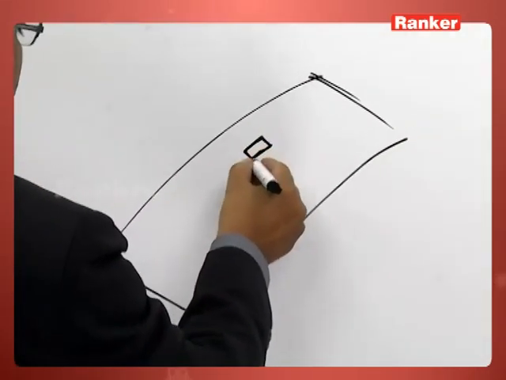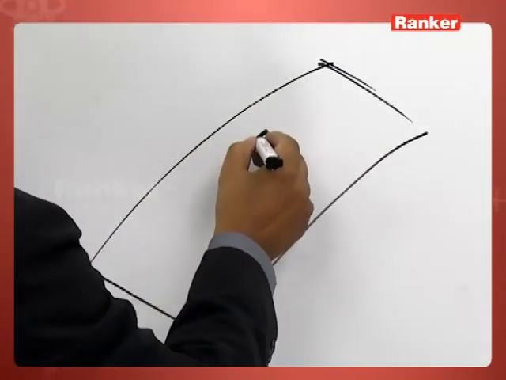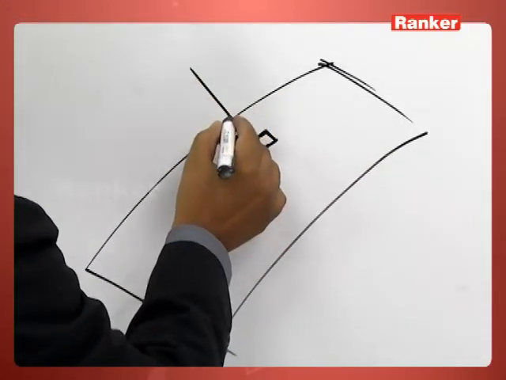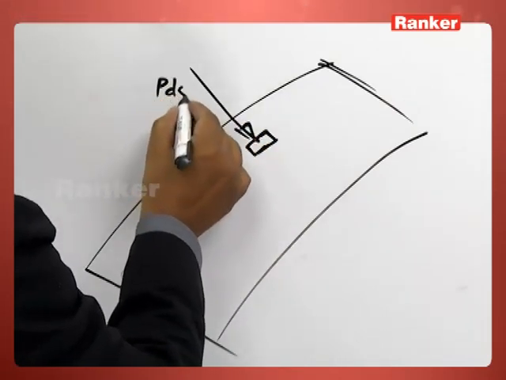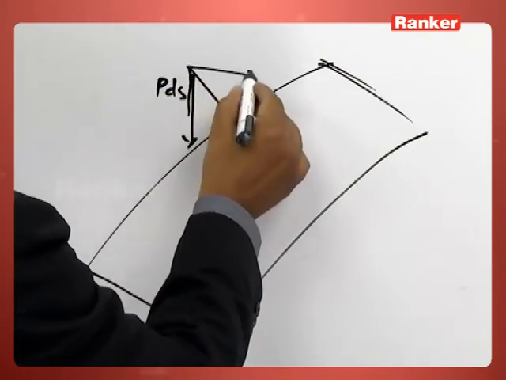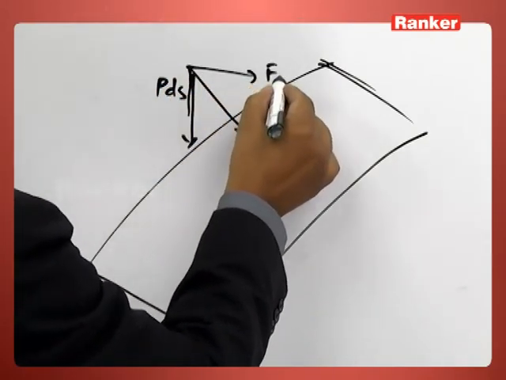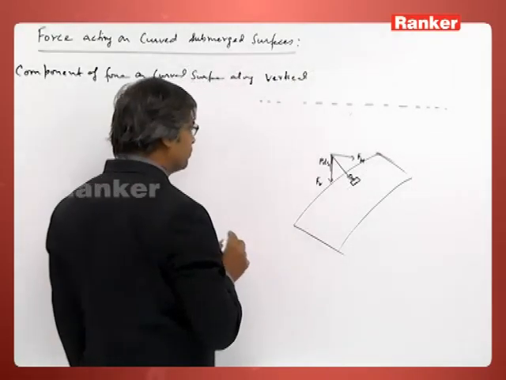Suppose I have taken a small element of ds area, which is curved surface. So the pressure force acting is actually in this direction, that is P into ds. So I am interested in this force F, that is the horizontal and the vertical component.